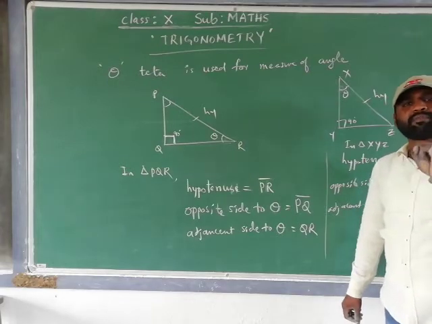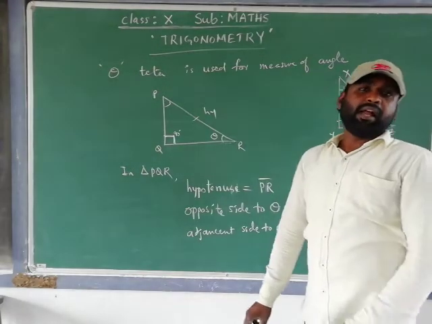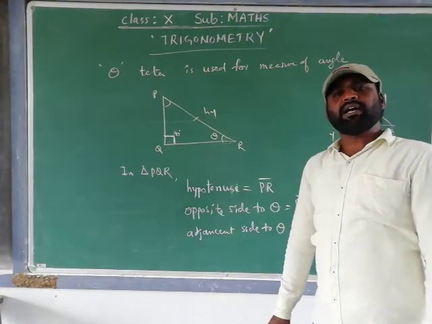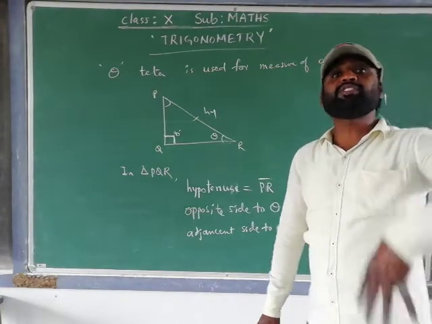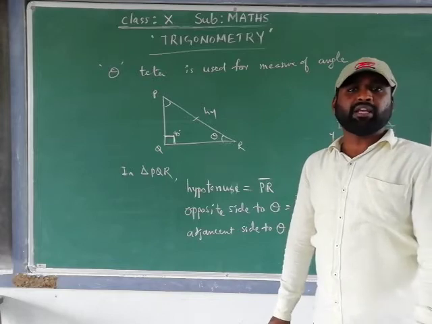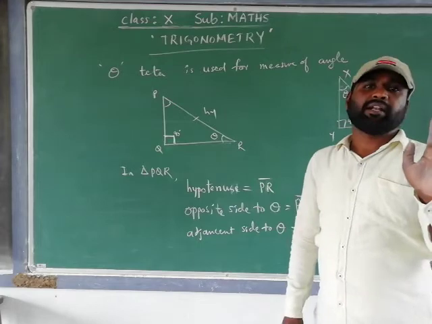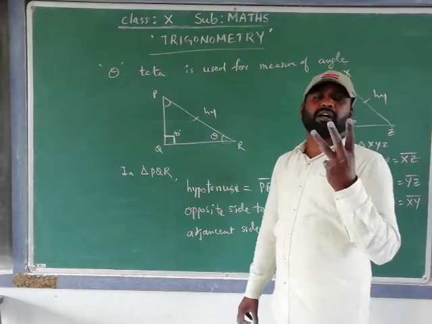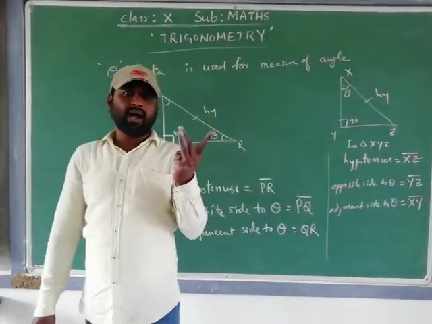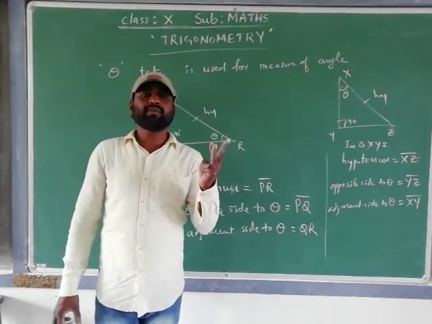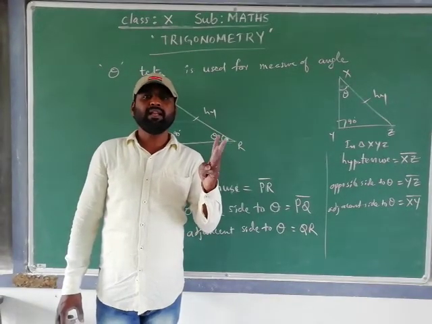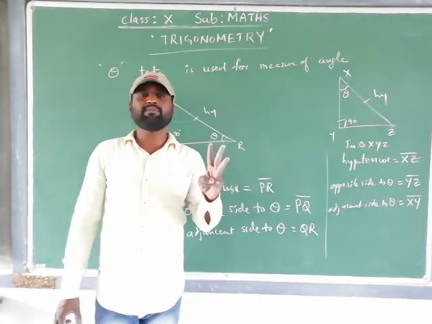The hypotenuse is always opposite to the right angle. And afterwards the opposite side and adjacent side, with respect to the angle. Which angle are we talking about? For that angle, which is the opposite side, which is the adjacent side? Understand now? These are the three terms: hypotenuse, adjacent side and opposite side. These three names you should remember.